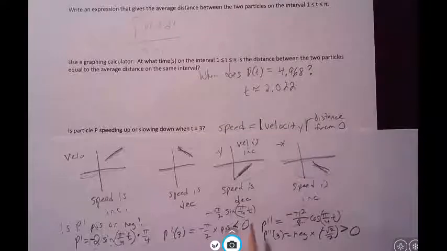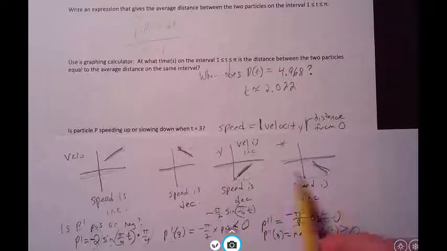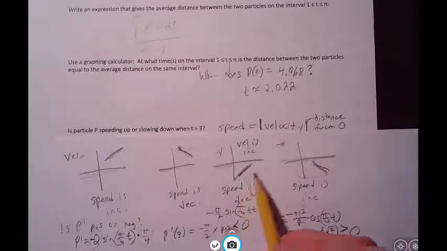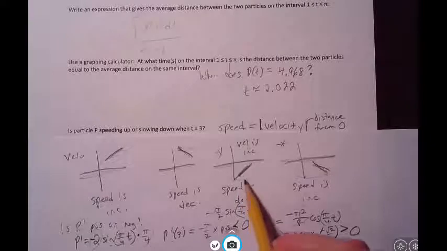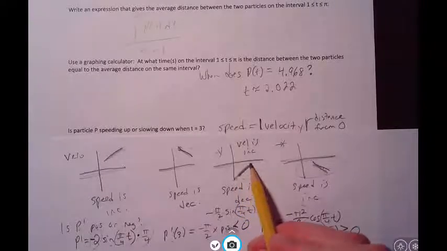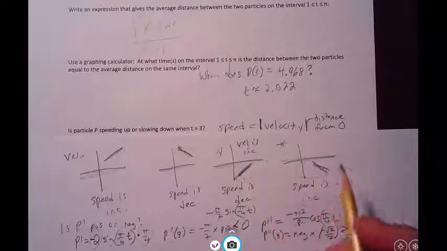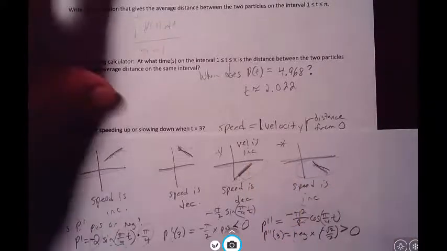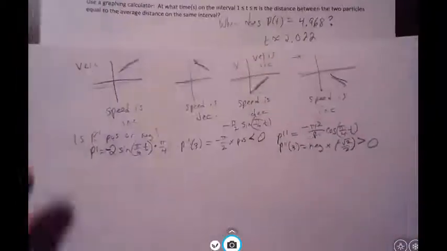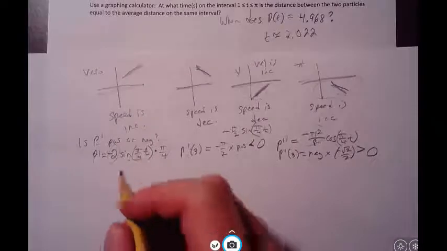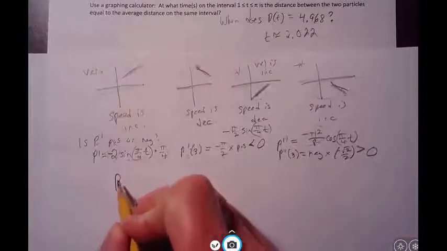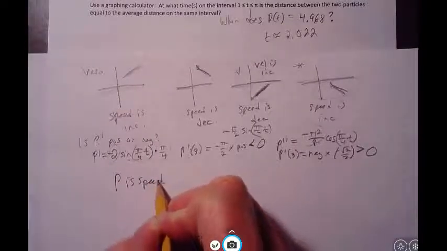So what that tells us, between P prime being negative, that's one of these, and P double prime being positive, that's this one, is that the speed is decreasing because the absolute value of velocity is getting closer to 0. So if I'm going to write this nice and tidy for my answer, I'm going to say something like, P is speeding up.